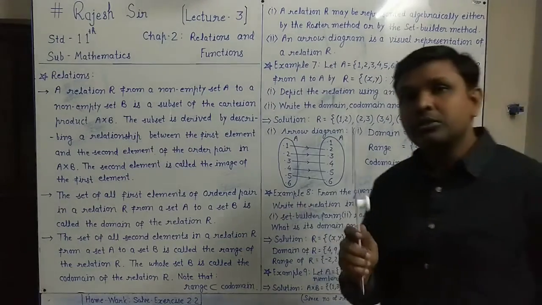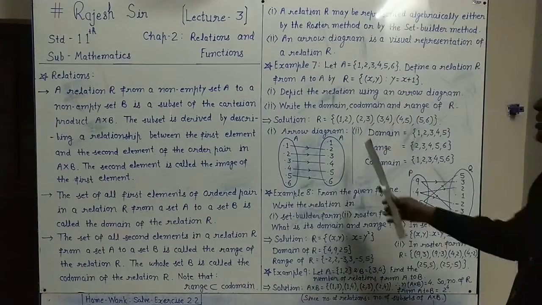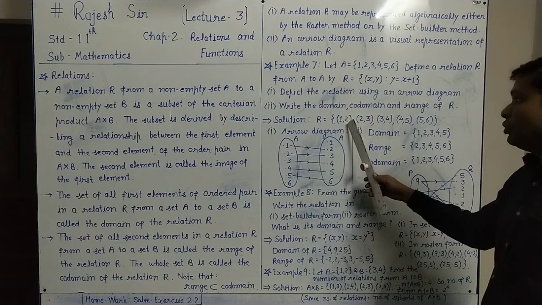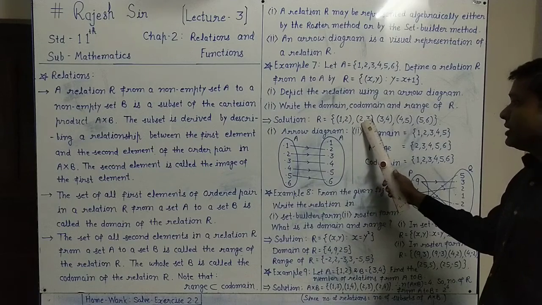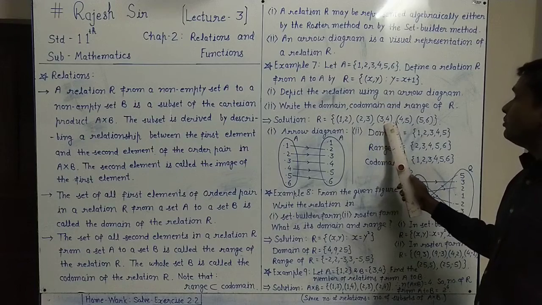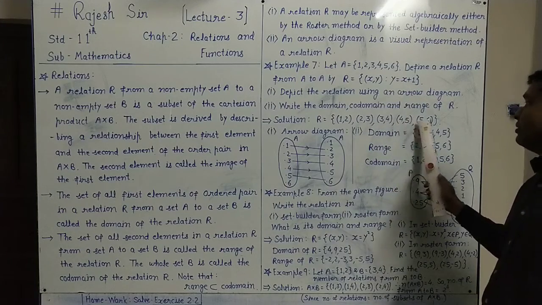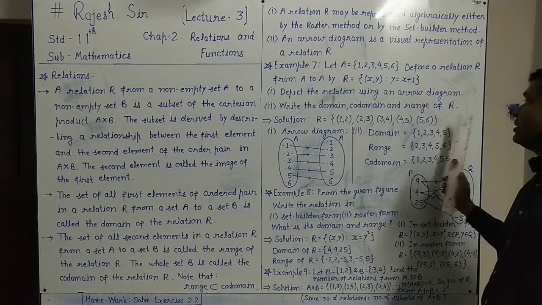If the first element is 2, the second element is 3, then for 3, 4, then 4 plus 1 is 5, and 5 plus 1 is 6.